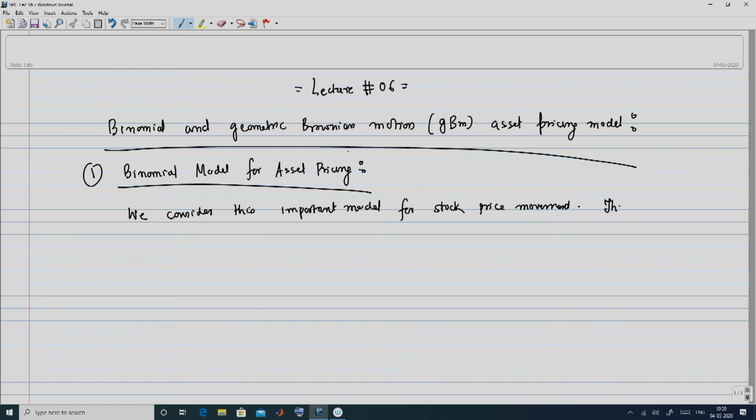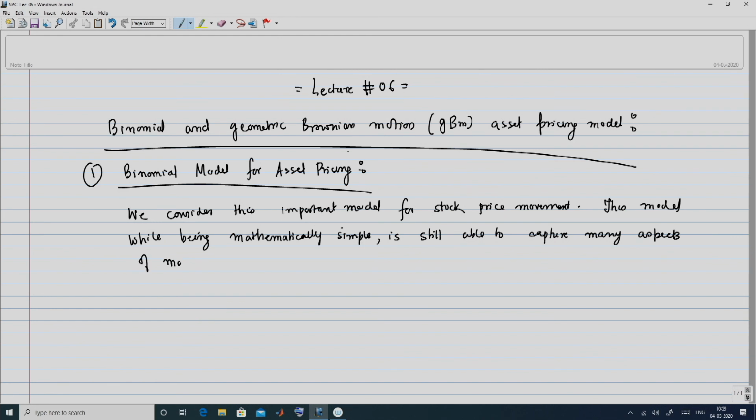Now, note that this model, while being mathematically tractable and simple, is still able to capture many aspects of markets in the real world.